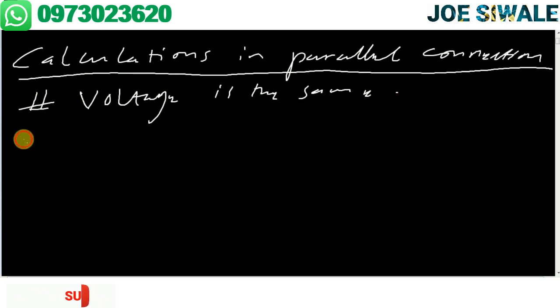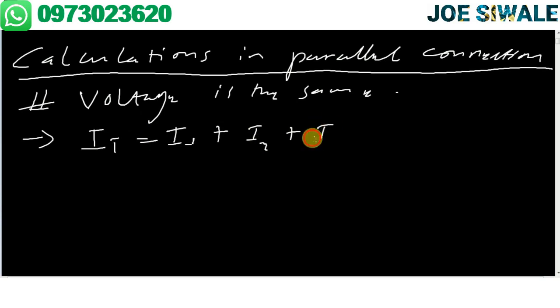Then since voltage is the same here, to find the total current, we are going to add current 1 plus current 2 plus current 3, and if there is more, you add more: plus current 4, plus current 5.